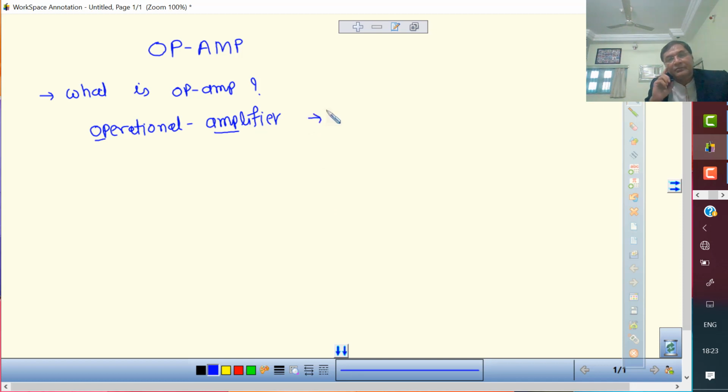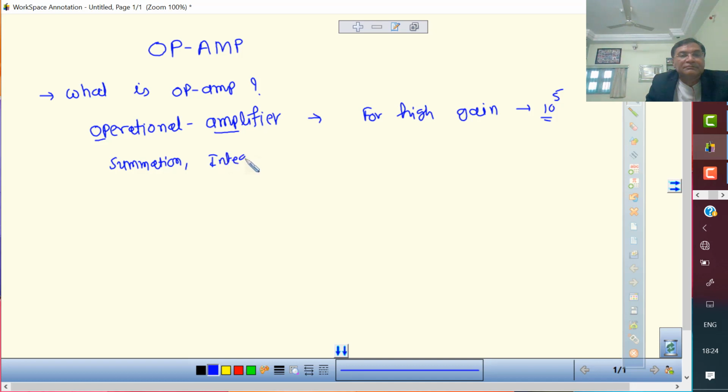This is one integrated circuit designed for high gain, and it is of the order of 10 raised to 5, and it performs the operation like summation, integration, differentiation.